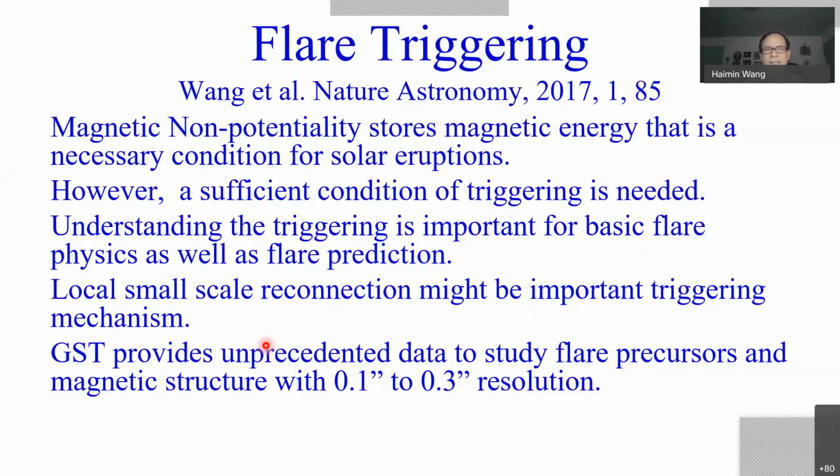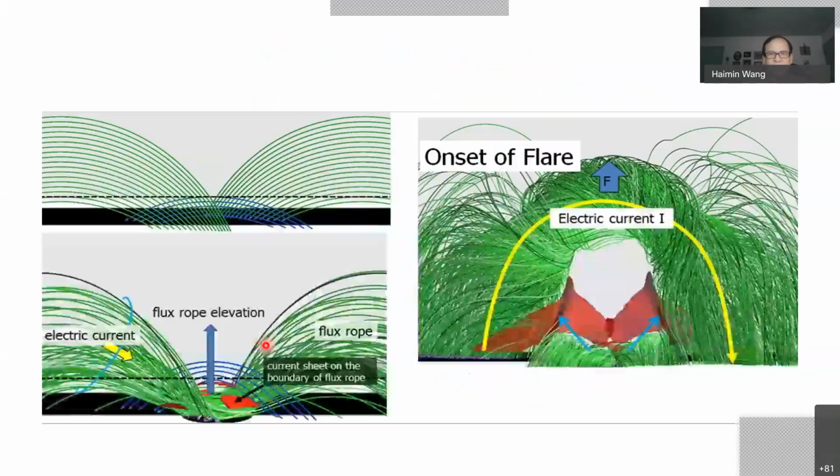Okay, and the next part of the talk is flare triggering. Okay, with the highest resolution, now we should be able to look at the flaring polarity inversion line in great detail.